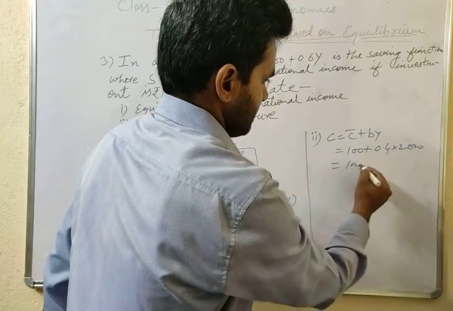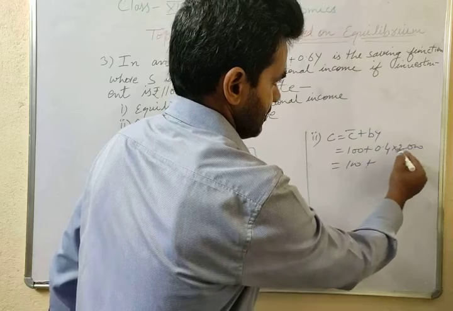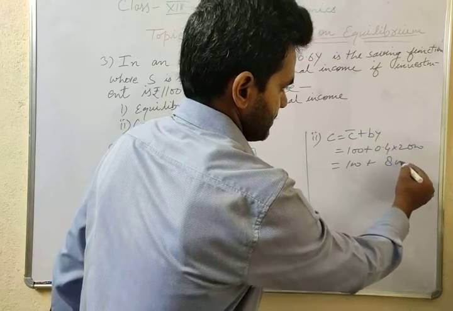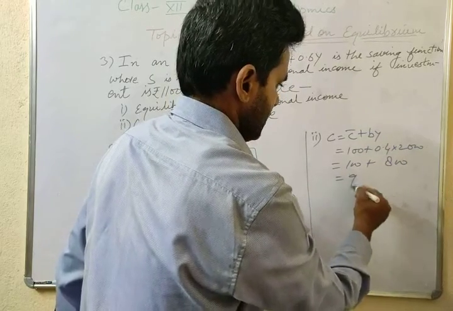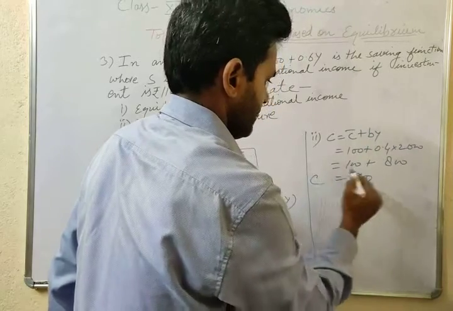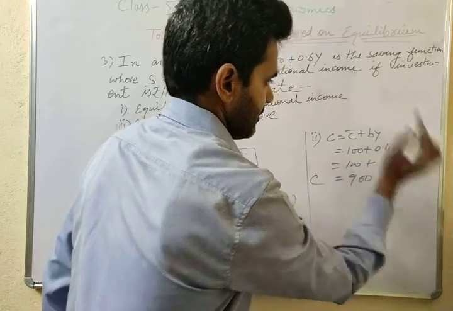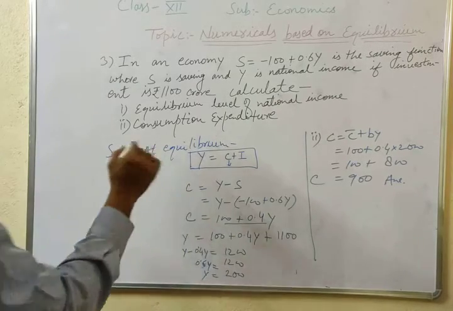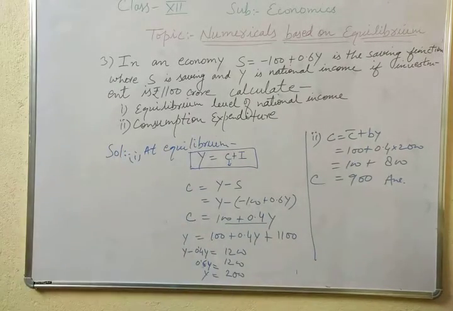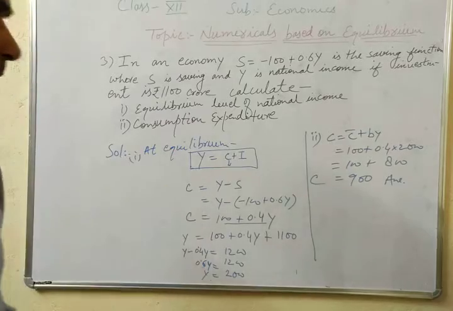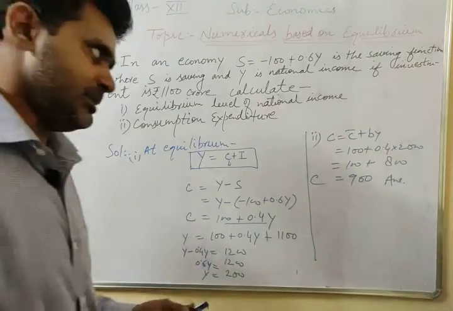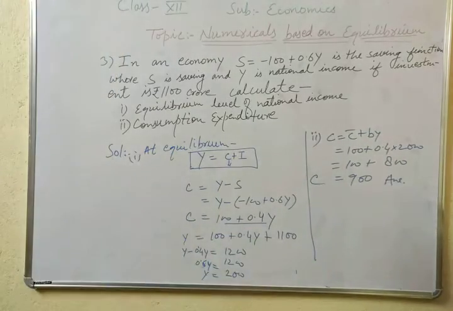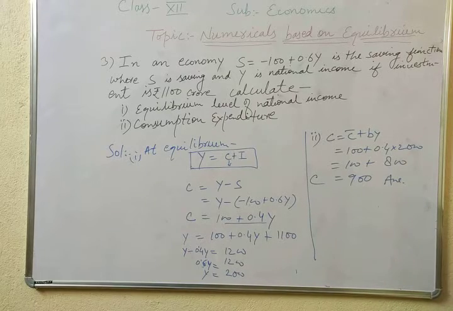So it becomes 100 plus 800, and now the consumption expenditure will be 900. This is how we calculate the level of national income at the equilibrium level and consumption expenditure as well. Pause the video and write it down.